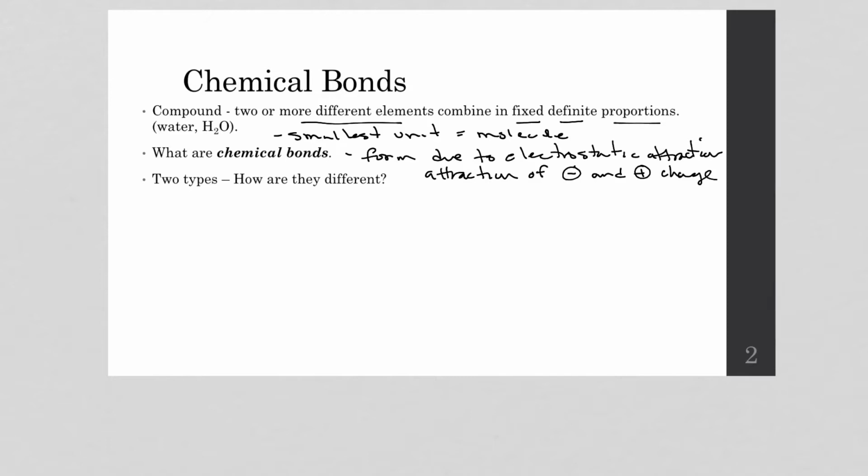So what are the different types? And what are some of their differences? Well, we're going to talk about two major types. The first one is what we call ionic bonds. Some basic ideas of ionic bonds is that the vast majority of them are made between a metal and a non-metal.